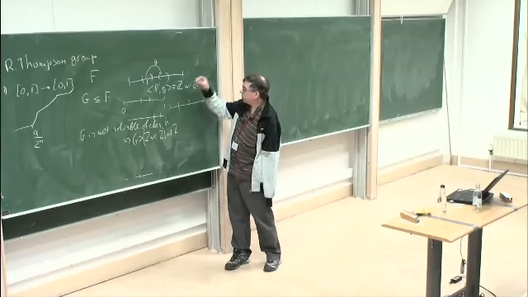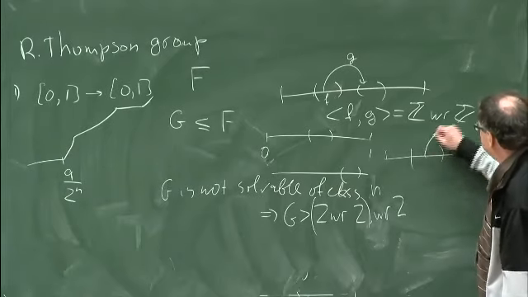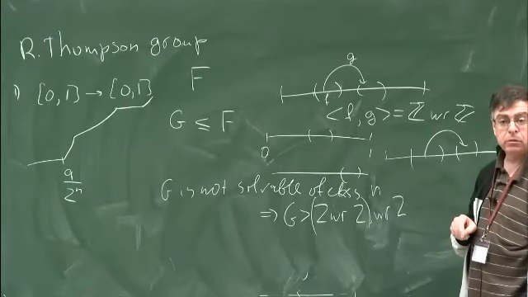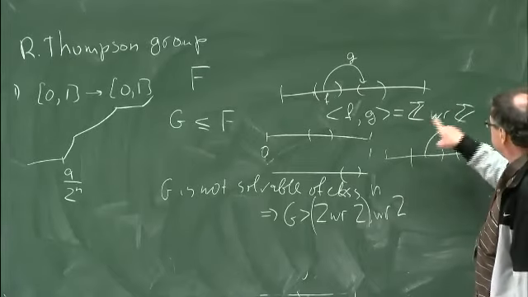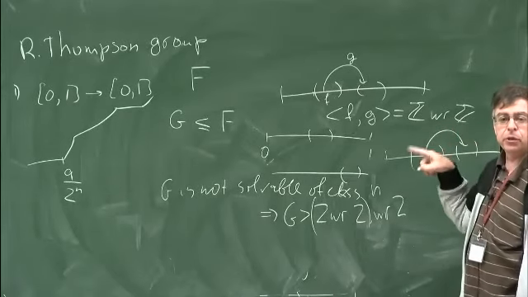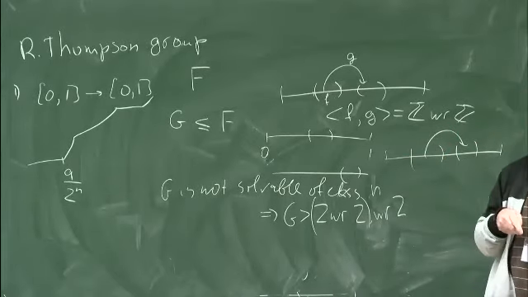And then you take another g1, which takes this interval to outside. So what you get is that f, g, and g1 will generate Z, wreath Z, Z, wreath Z, and so on. So you can do that anytime you want.